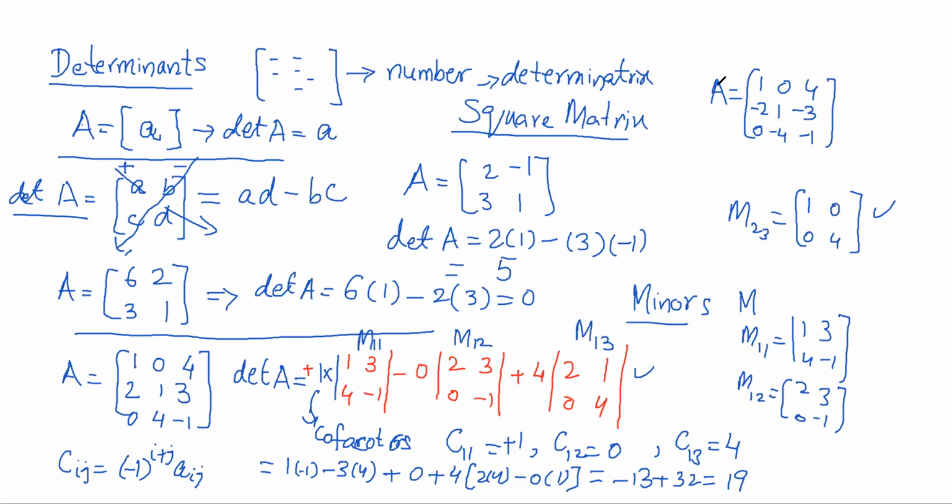So this is the matrix of the cofactors. This type of concept is later on used for the solution of linear equations. Okay, cofactors and minors. Any more questions?